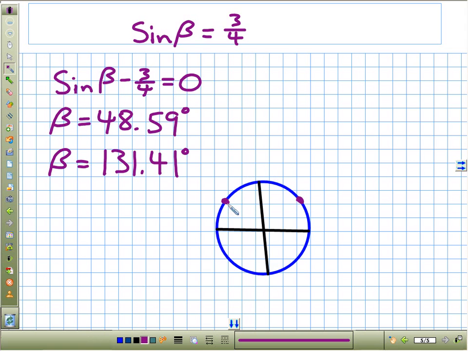The y is positive in both of those quadrants. So if we knew that this angle over here was 48.59, is there any way we could have just real quickly figured out what this angle is here? I gave you a hint there. Any way we could have done that?